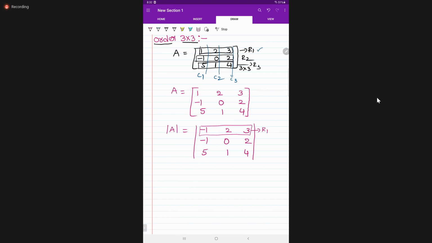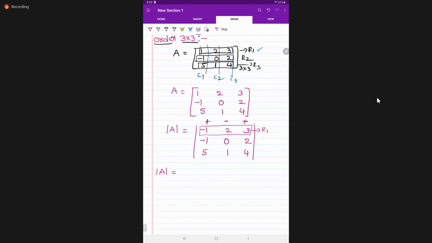Listen carefully, students. Determinant of A is equal to: this sign is always plus, this is minus, this is plus. Now we are taking first row expansion, that's why I'm taking the symbols plus, minus, plus.